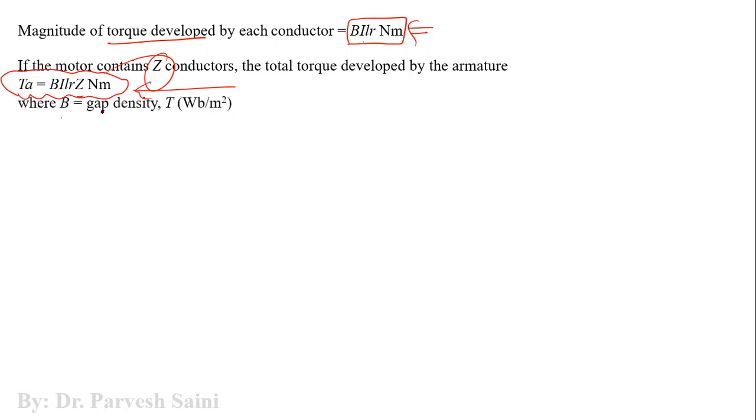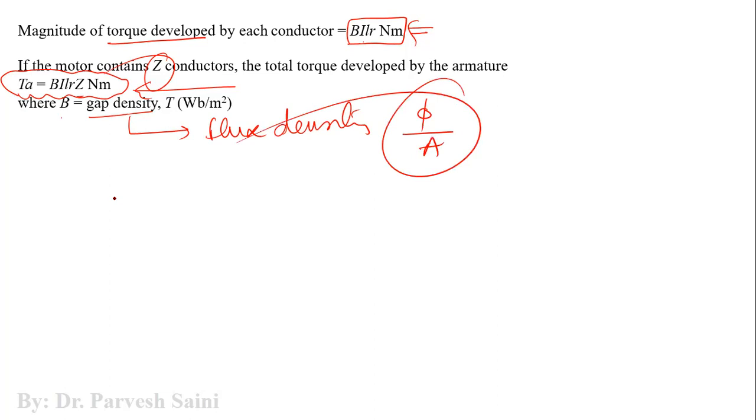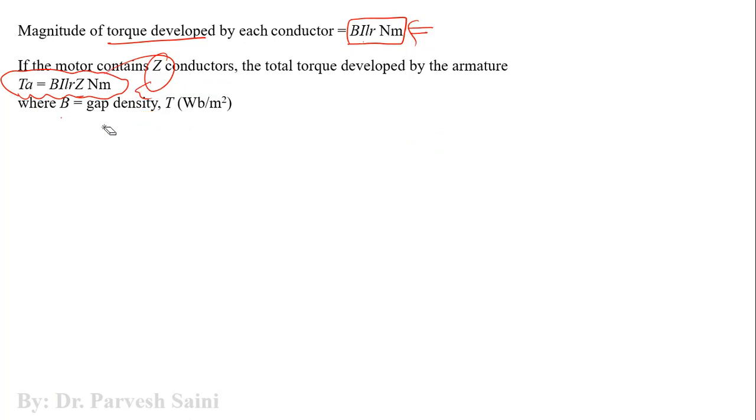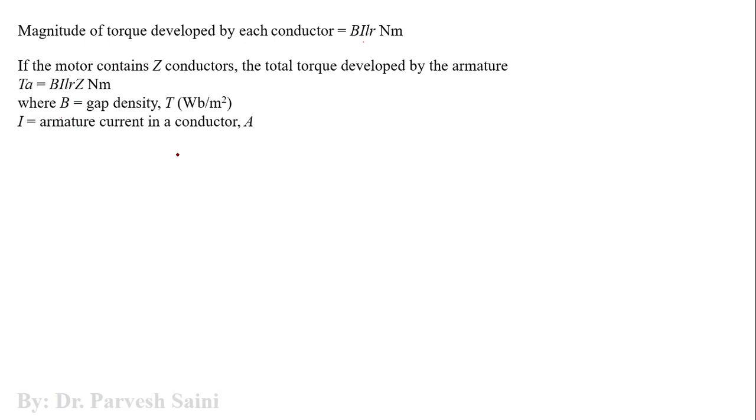Where B is, let us say, the gap density. It is nothing but the flux density, given by phi by A. I is the armature current in one conductor, in amperes. Then L is the active length of each conductor.